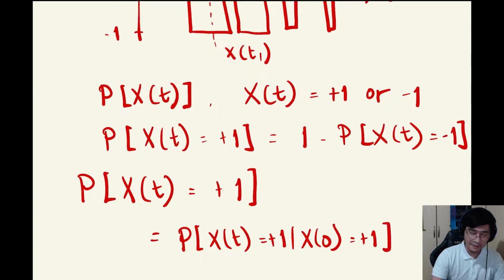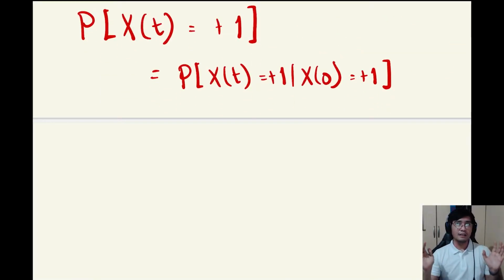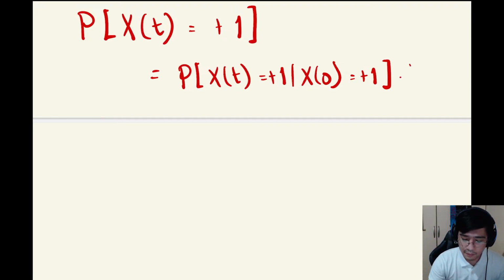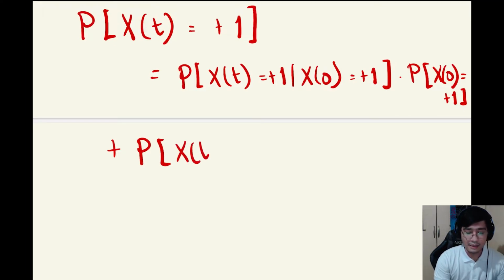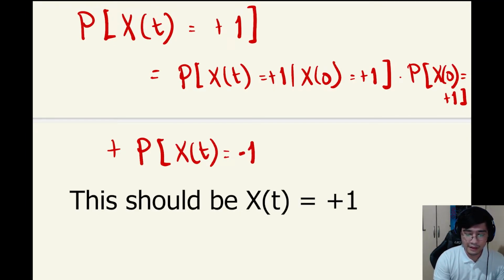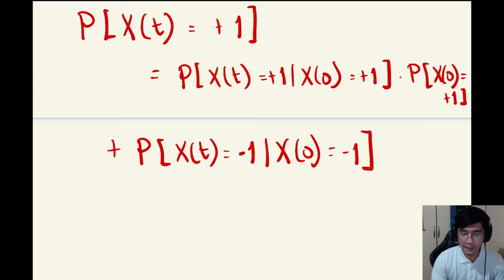That means at time t, the outcome is the same as the initial condition, multiplied by the probability of the initial condition being equal to positive 1. And then we add that, again, this is total probability theorem, right? We add that to the probability that x of t is equal to minus 1, given that the initial condition is minus 1, multiplied by probability the initial condition is equal to minus 1.